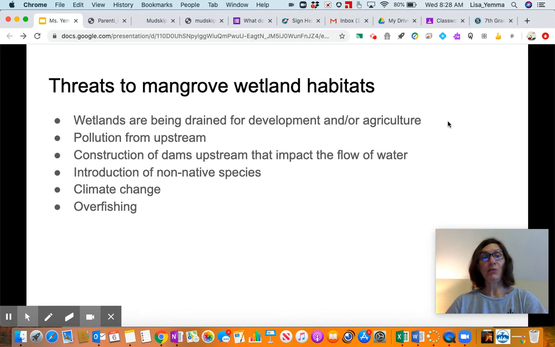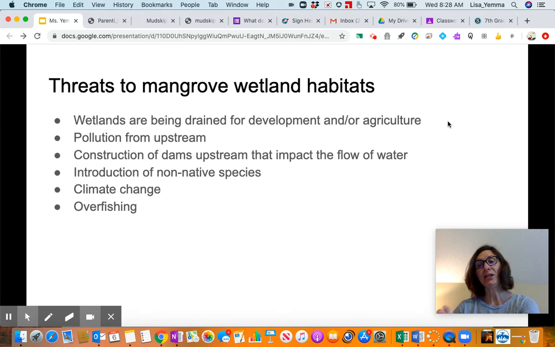The last thing we want to talk about today is, what are the threats to this habitat? So why are we worried about your habitat? Why are we worried about mudskippers in general? There's a couple species that are sort of endangered, but most are not. And I think part of it is in places of the world where they exist, the population isn't that big, and there's not a lot of factories and things.